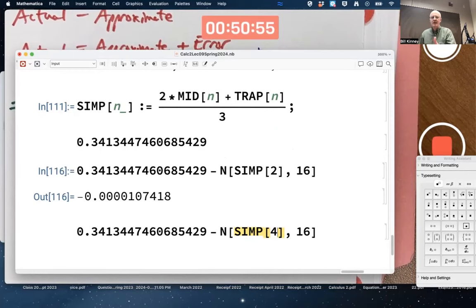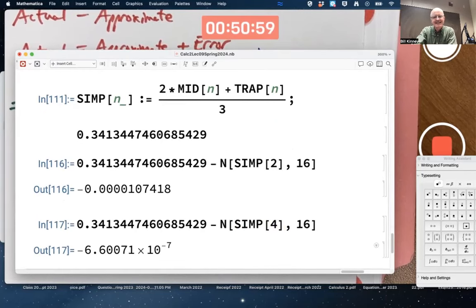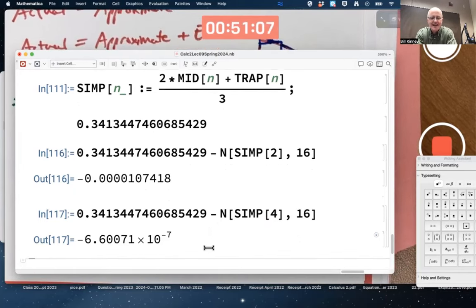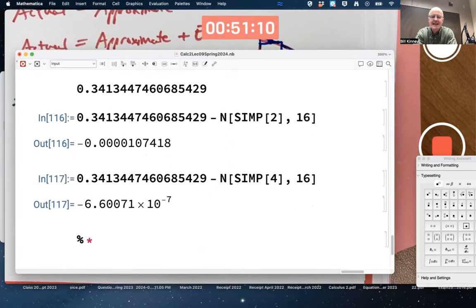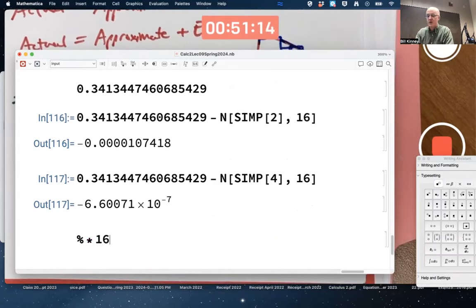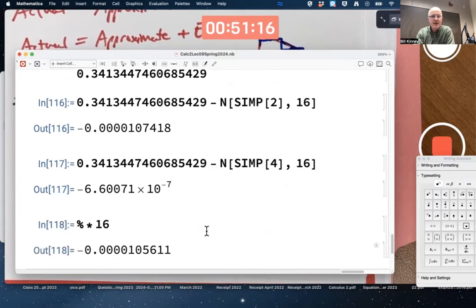The error goes from on the order of 10 to the negative 5 to 10 to the negative 7. Okay. More importantly, that thing is in the rough ballpark of 16 times smaller, 2 to the 4th power. Multiply that by 16, you get roughly in the ballpark of this thing.